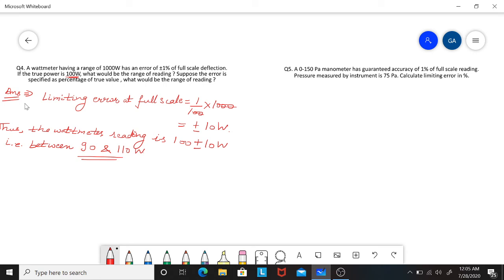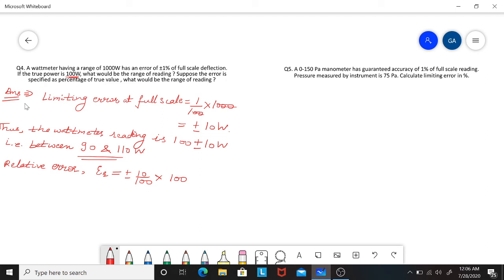So your relative error εr can be represented as ± 10% into your true value, which is now 100 watt.